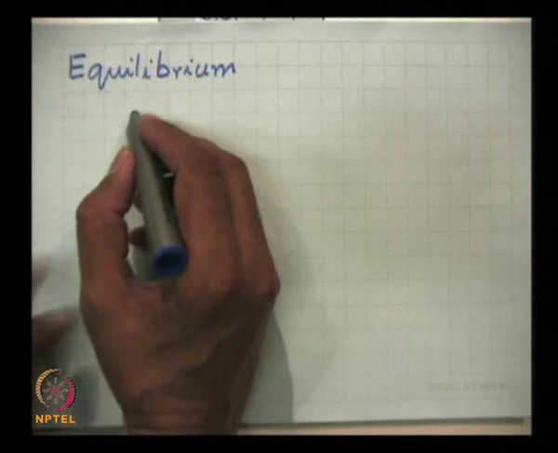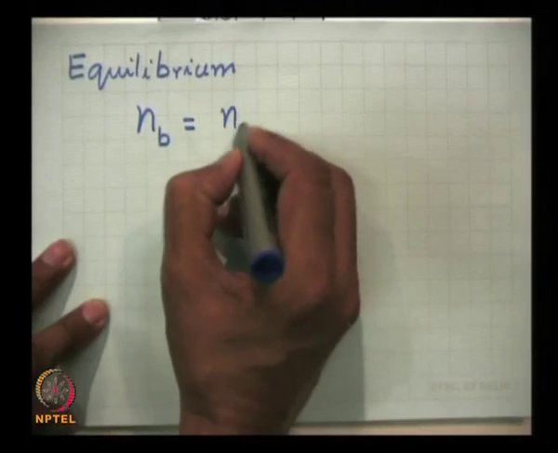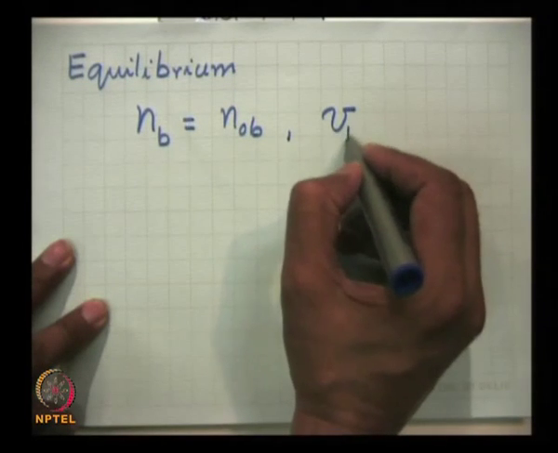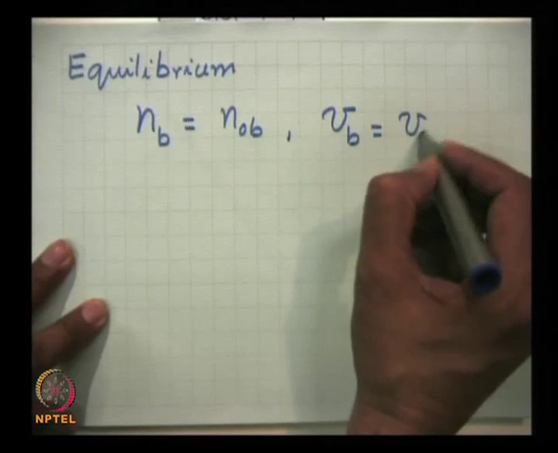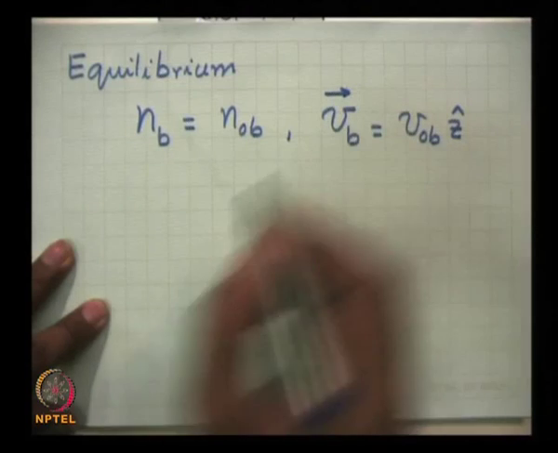Initially we have the electron density of the beam equal to n0b, and the beam velocity Vb is equal to V0b, and that is in the z direction. This is my equilibrium.